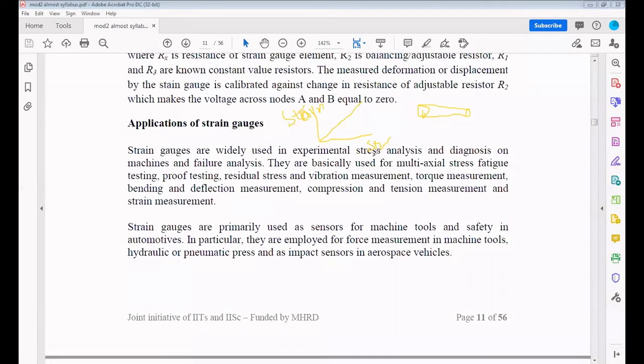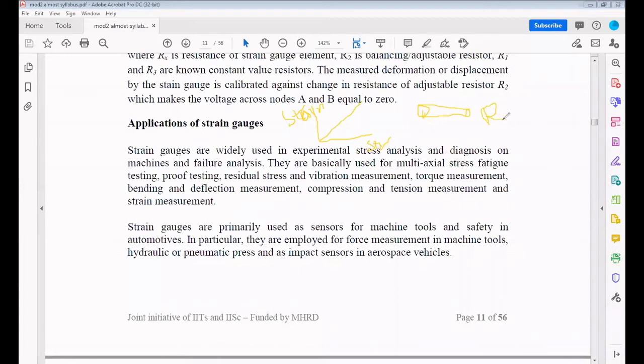So the major relation here in the strain gauge completely depends upon the resistivity. If the resistivity changes, automatically the entire values will change. So that resistance we can change with respect to length. This is the major point.